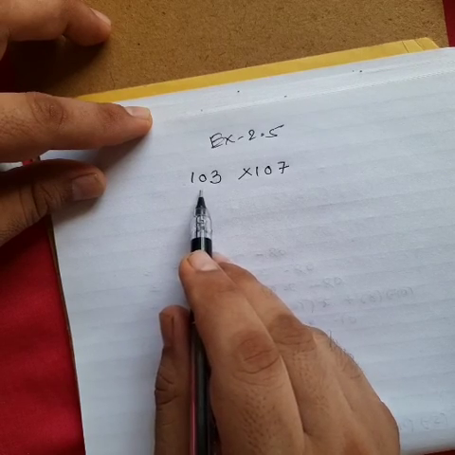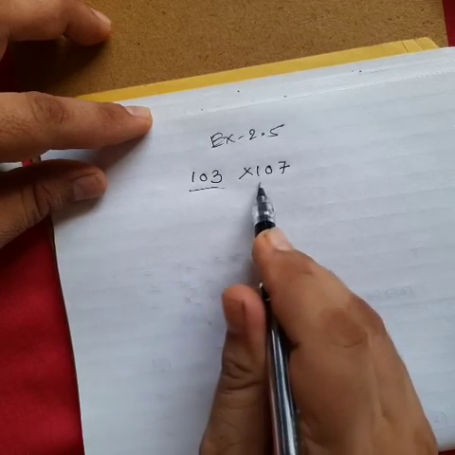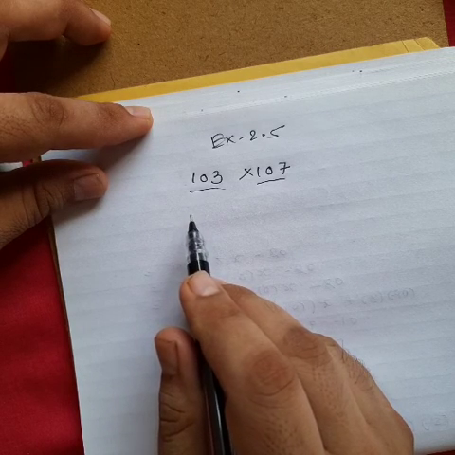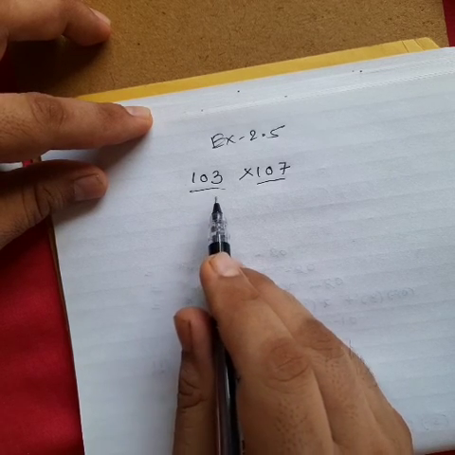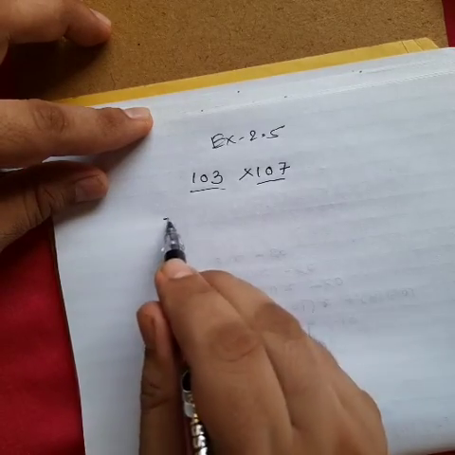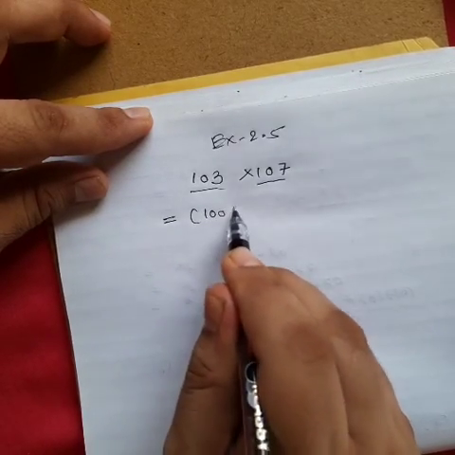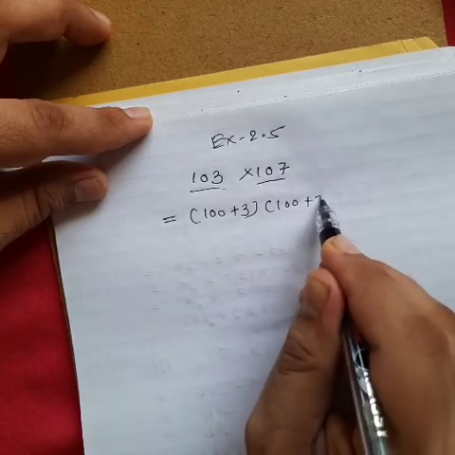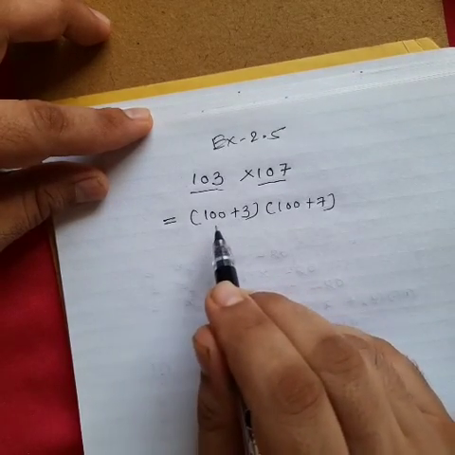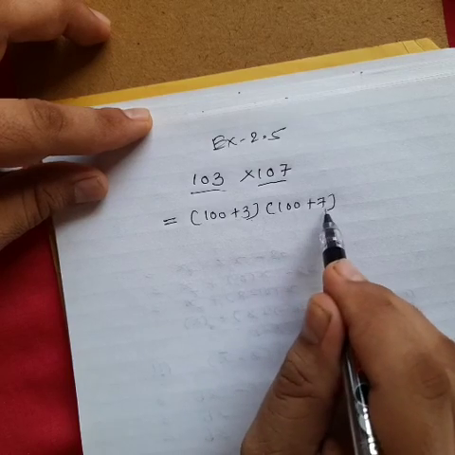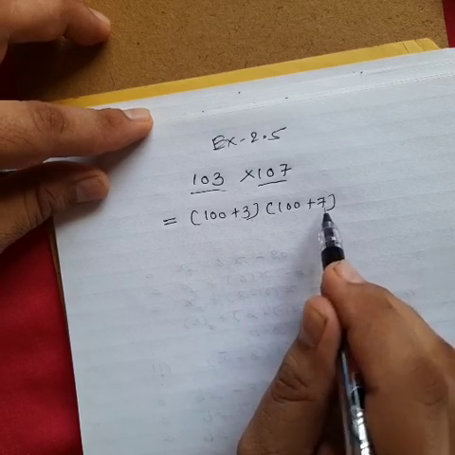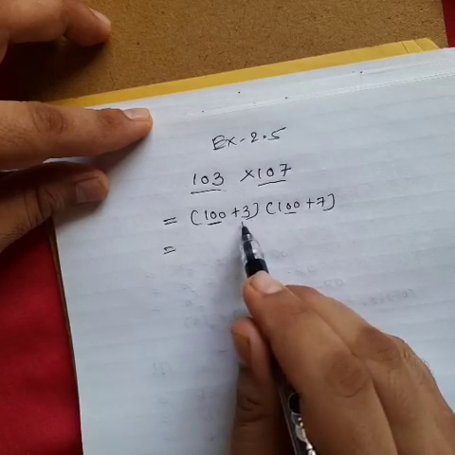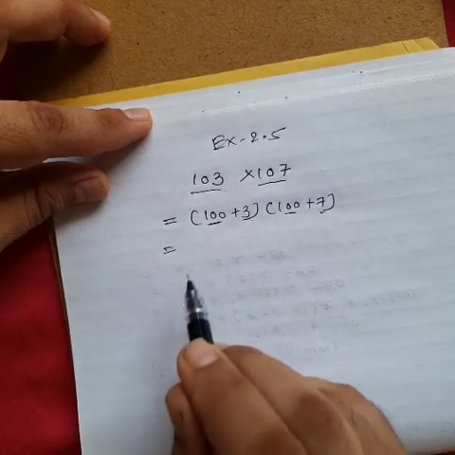So when you find numbers like 103 and 107, you can see the closest number which consists of 0, that is 100. That is 100 plus 3 and 100 plus 7. So we write (100 plus 3) into (100 plus 7). It is like the (x plus a)(x plus b) type of identity. Here the first term is 100, and the second terms are 3 and 7.